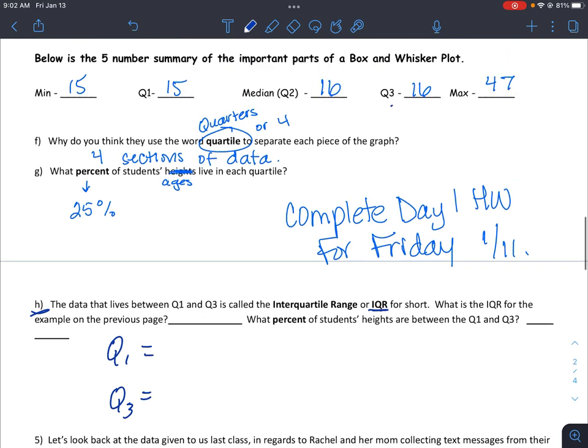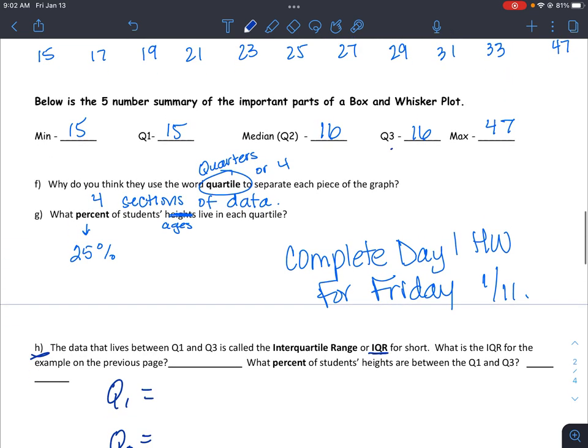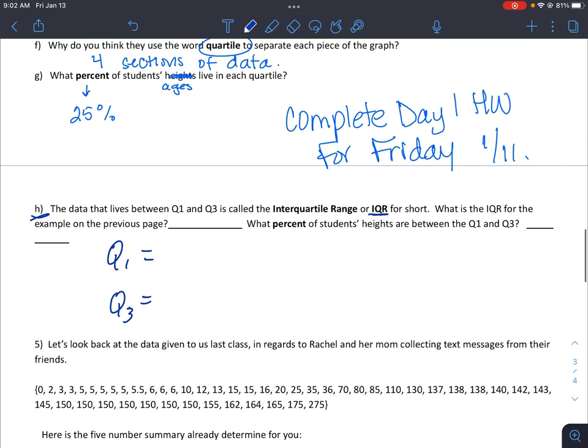Now again, remember all the information here is kind of squashed together. It is 15 and 16. The IQR is just subtracting Q3 minus Q1. So we have a value of 1.